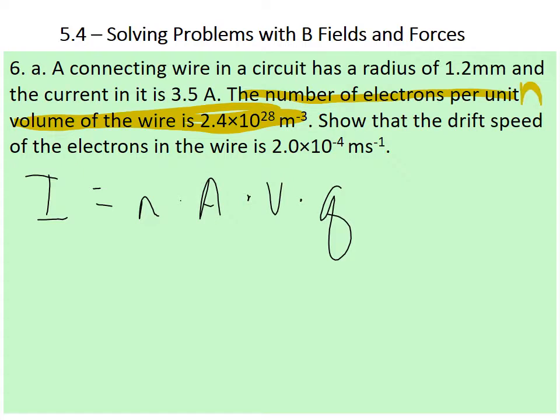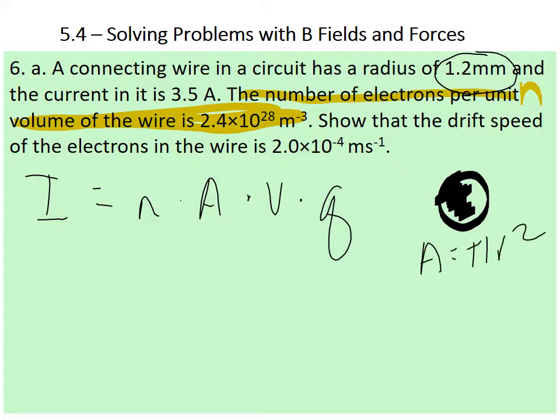We have the radius of this wire, and we can assume that the wire is circular, so we can get the cross-sectional area, which is essentially the area of a circle. You'll need to convert 1.2 millimeters to meters, and you should remember the area of a circle is pi r squared.